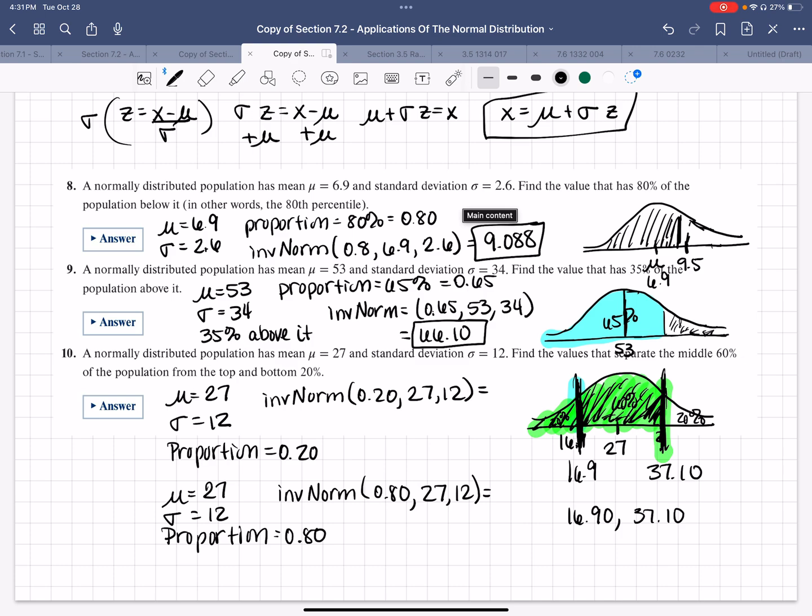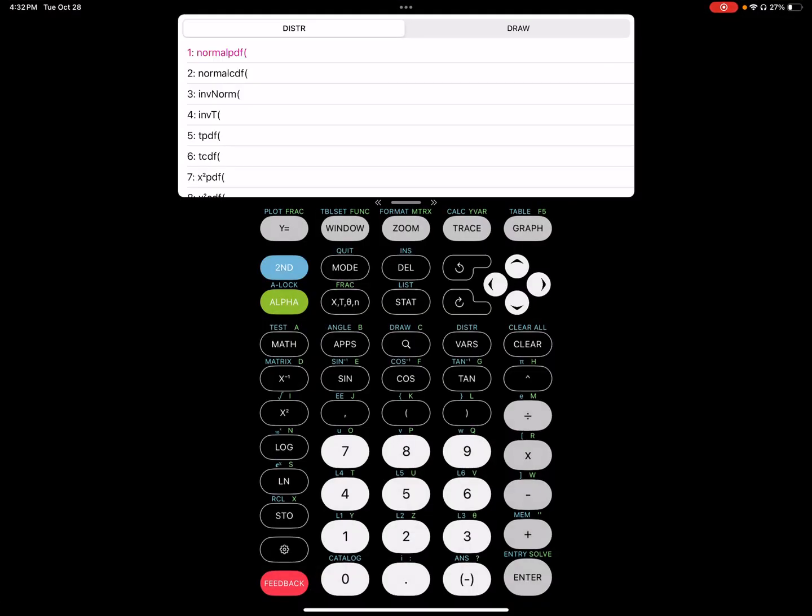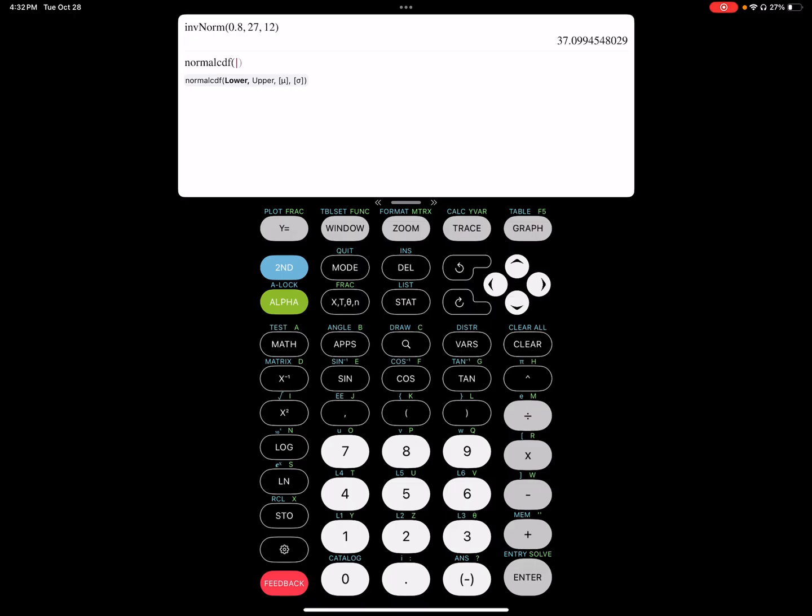If we actually redid that the other direction, using our normal CDF with a lower limit of 16.9 and an upper limit of 37.10, with a mean of 27 and a standard deviation of 12, let me write that down and we'll show it. So I go to second vars, number 2, normal CDF.